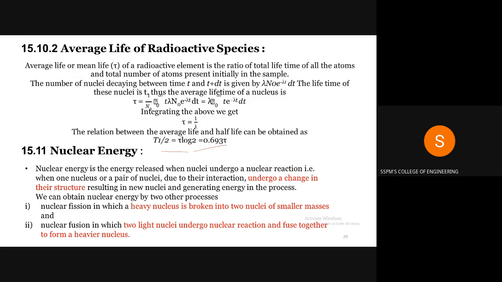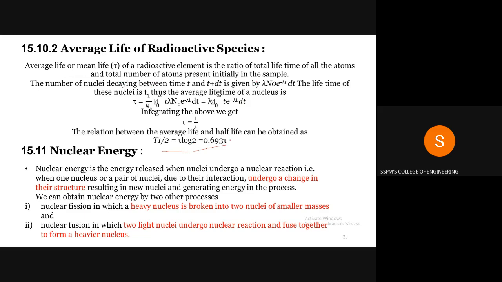The number of nuclei decaying between time t and t plus dt is given by lambda N0 e raised to minus lambda t dt. The lifetime of these nuclei is t. Thus, the average lifetime of a nucleus is to be expressed in terms of t, that is, average life of radioactive species, log 2 equals 0.693 t.